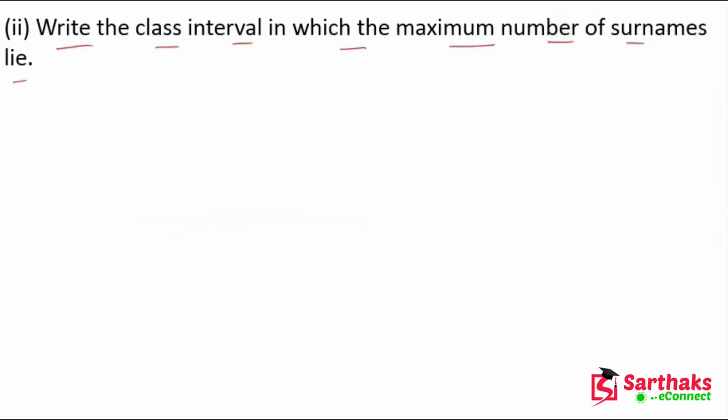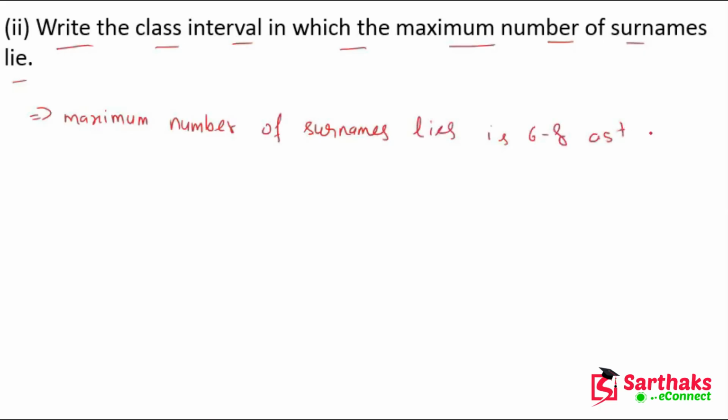So we can say that the maximum number of surnames lies in 6 to 8, as it has 44 surnames in it.